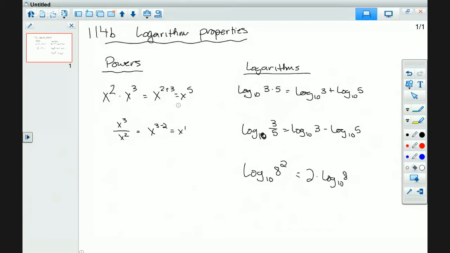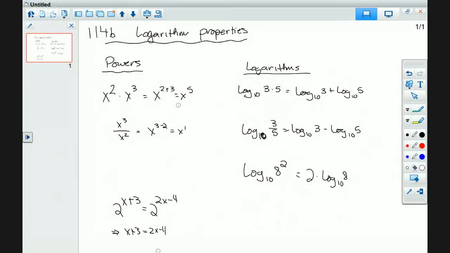Nothing here. And then there's one more property, equality. So I can give you that equation, that means that that is true. The exponents are the same.